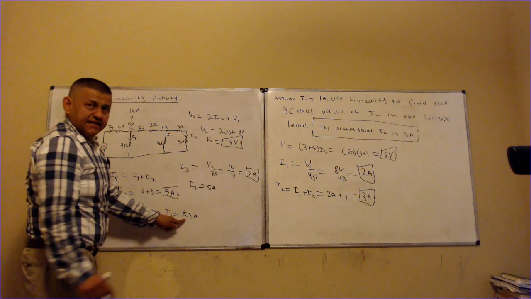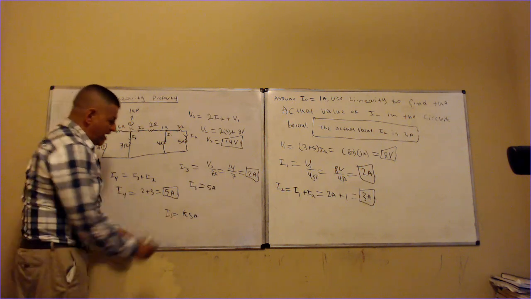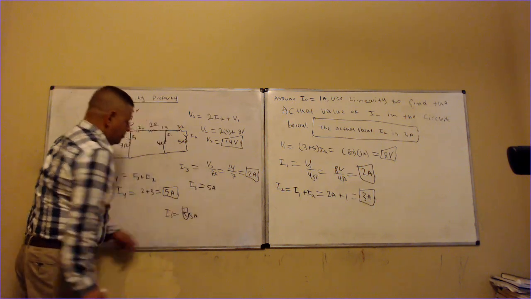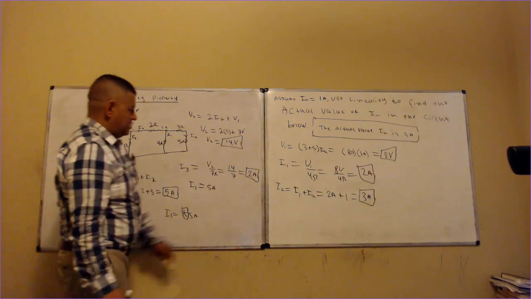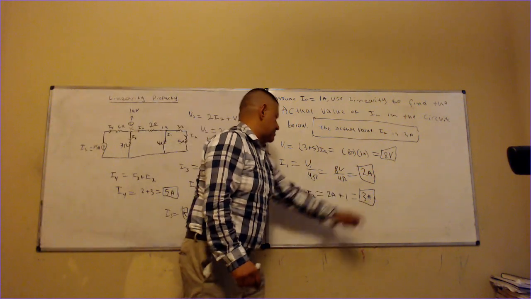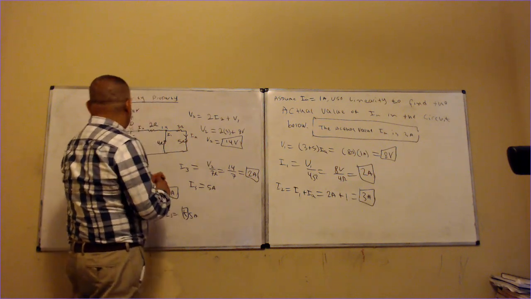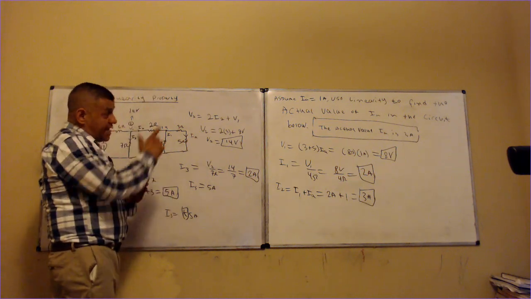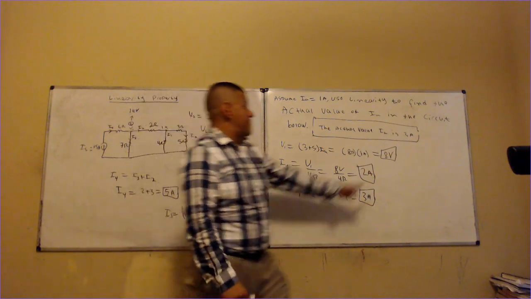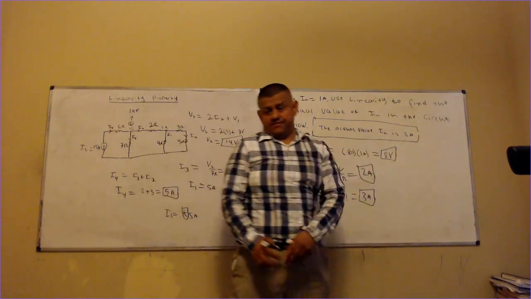So what is K then? Well, K is 3 amps. And that's why we found out that the linearity, the actual value of K in this case, is 3 amps.